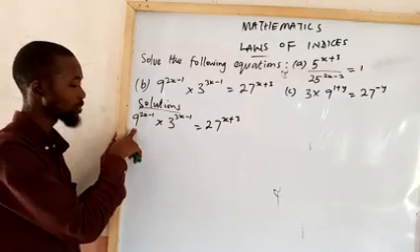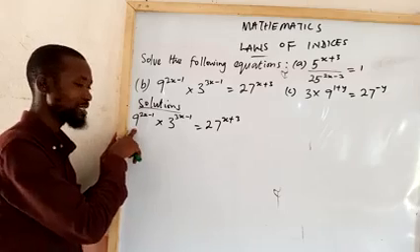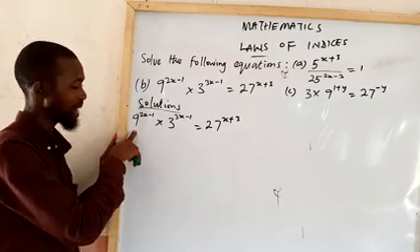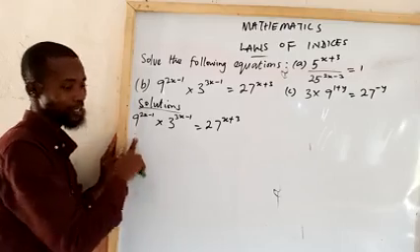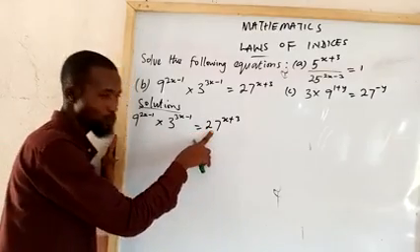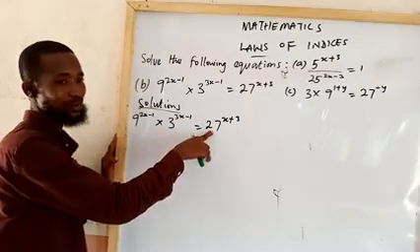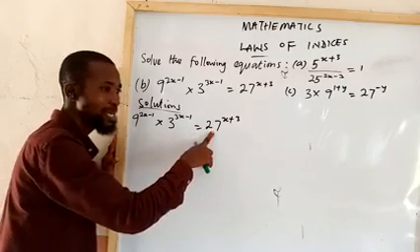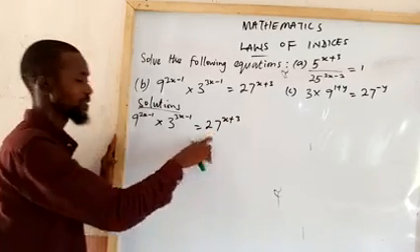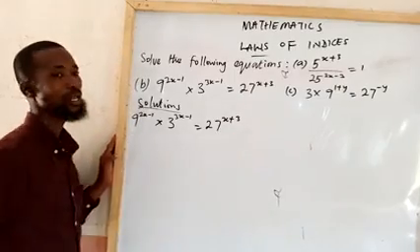That is, I want to rewrite 9 having the base of 3, a number having 3 as its base. 27 as well, is it possible to re-express this number in such a way that its base is 3 raised to power something? So that is the first way of reasoning.